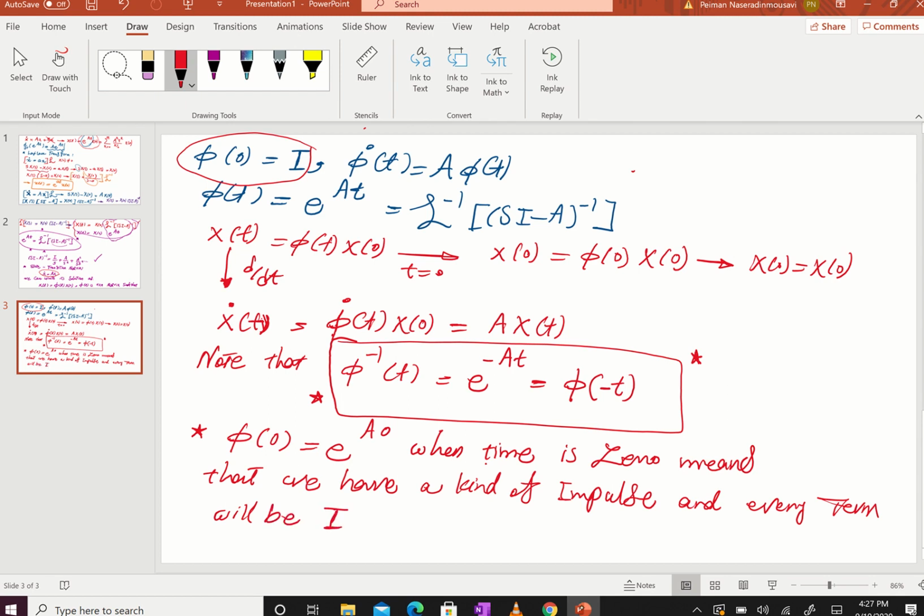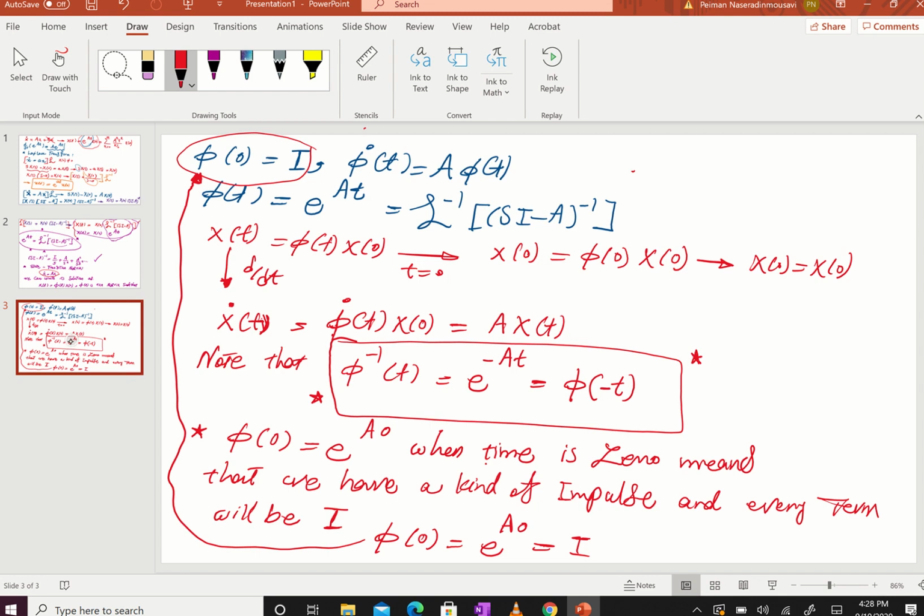That's why we say phi at time 0, e to the A times 0, is I. This is a very simple interpretation of phi at time 0.